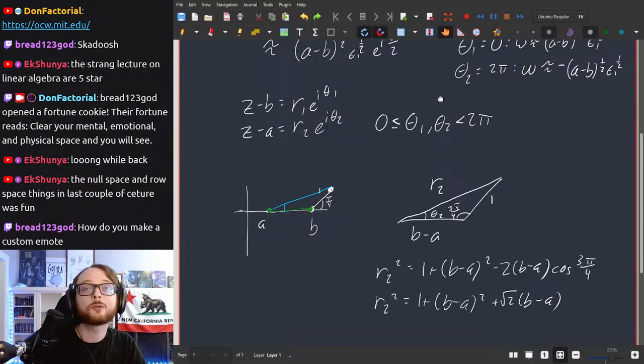Actually, there are two different versions of the lectures as well. I think I watched the older ones. From what I remember, that was his emphasis from the start. I wonder if he changed it for the more recent ones, but he talked about the four fundamental subspaces, row space, column space, null space, left null space, and how those make up the foundation of a lot of linear algebra.